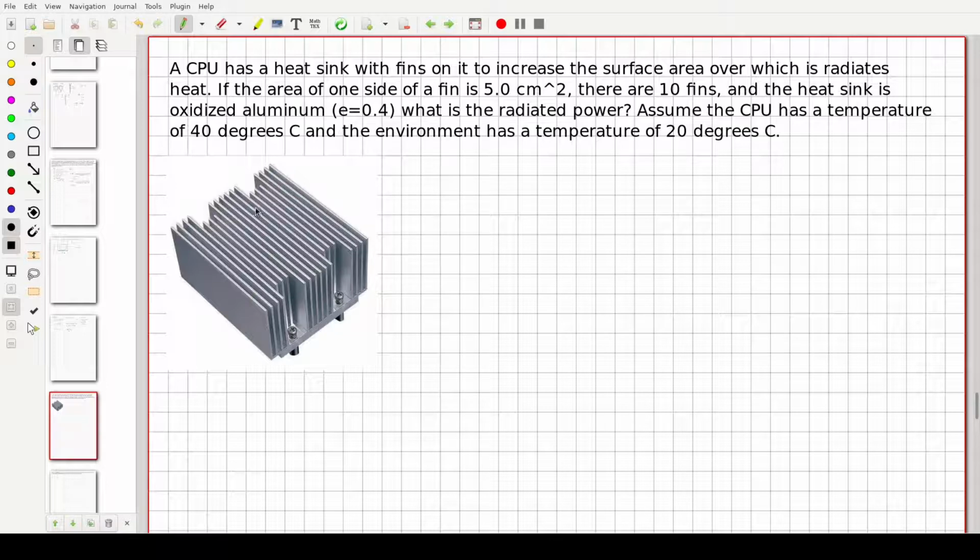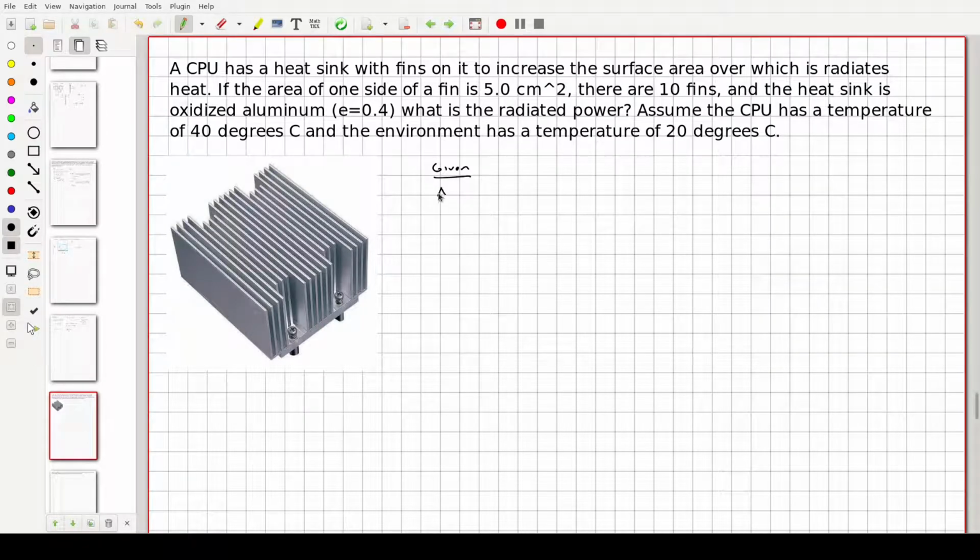Now, the heat sink itself is made out of oxidized aluminum, and it has an emissivity of 0.4. So the question here is, what's the radiated power? Now we're going to assume that the CPU itself needs to stay around 40 degrees Celsius, and the environment itself has a temperature of 20 degrees Celsius. So what we've been given here is the following.